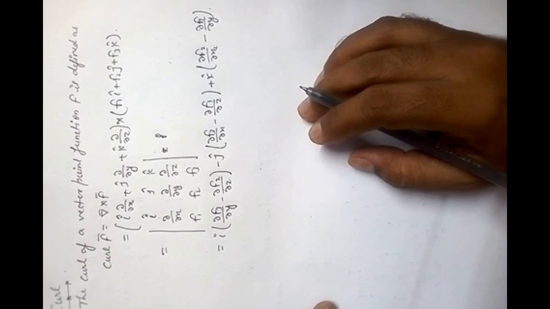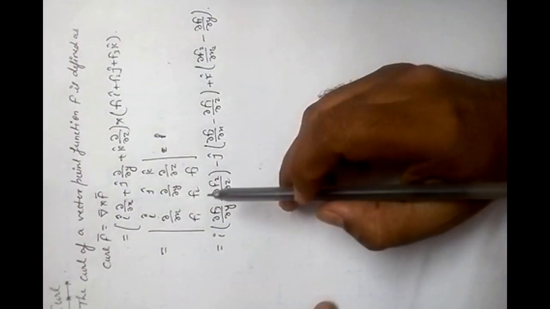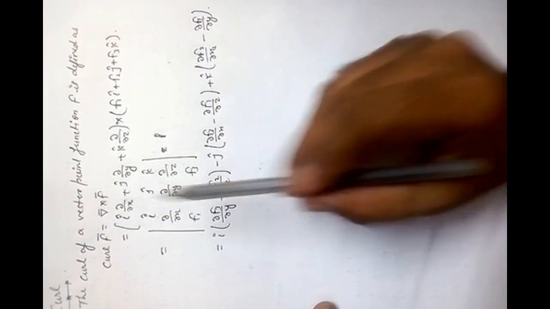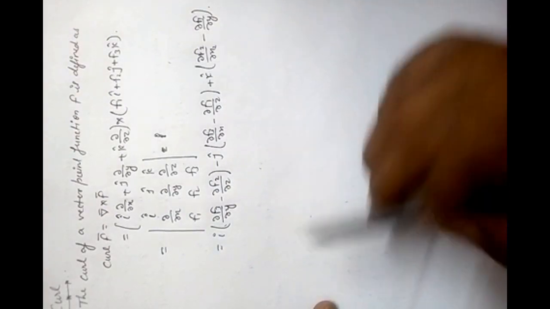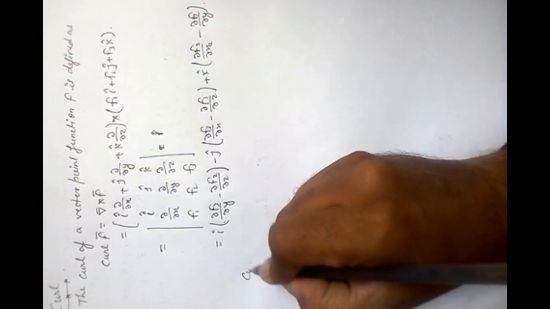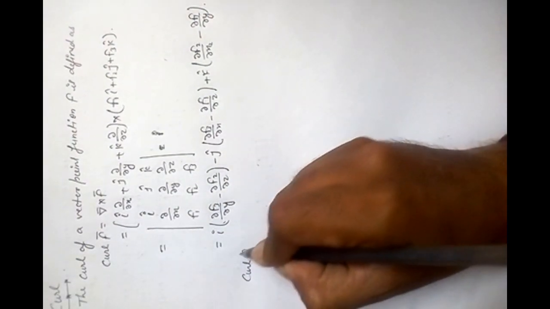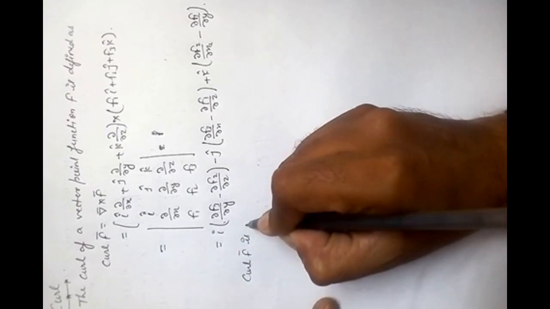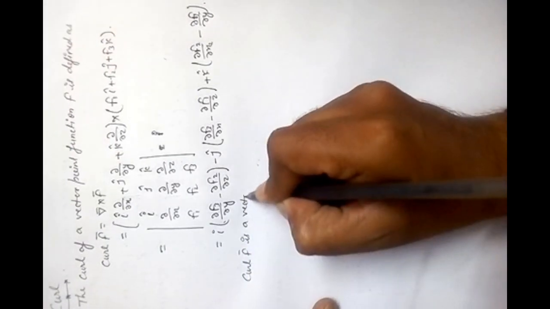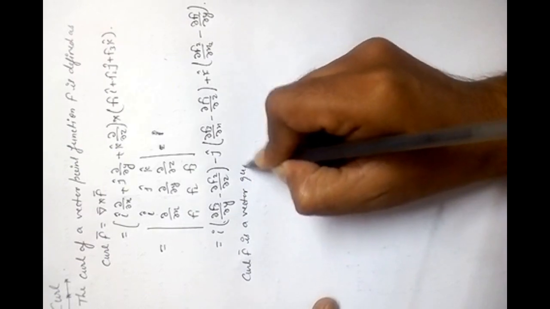Okay. So the value of curl vector f is a vector quantity. Curl vector f is a vector quantity.